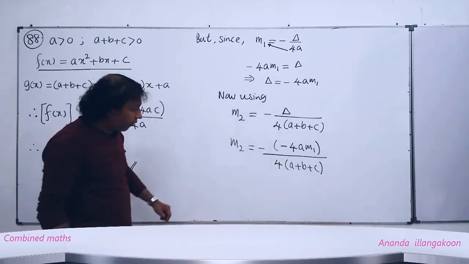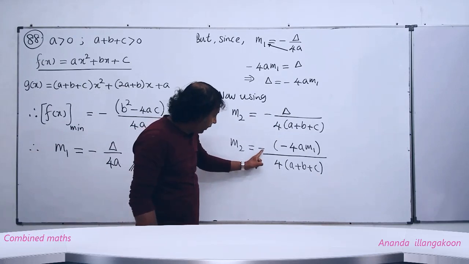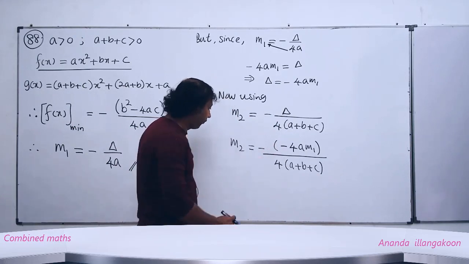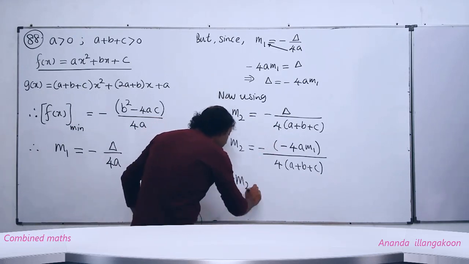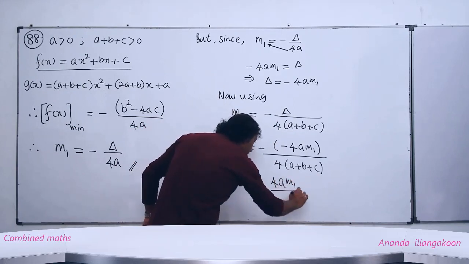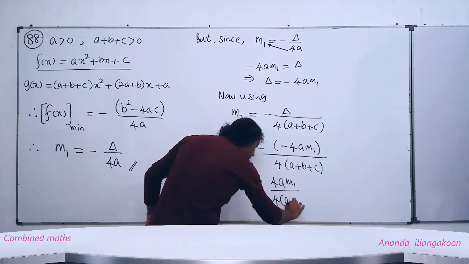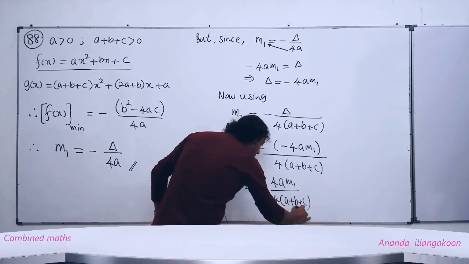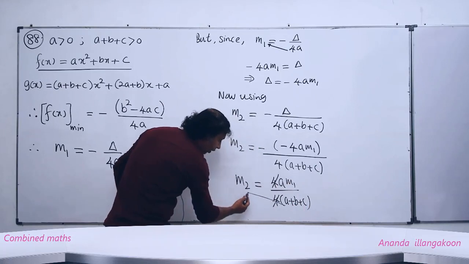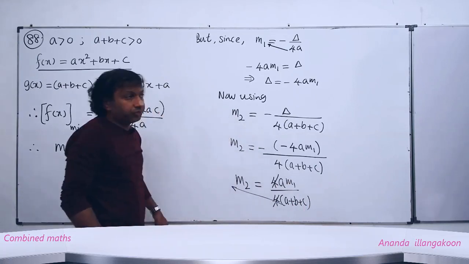Now people, you can see here clearly, minus and this minus make plus. Then we get plus 4, right? If I write one more step there, that is not important, write that step there. This 4 and this 4 you can cancel down. By this a plus b plus c, we can use the cross multiplication to this end.